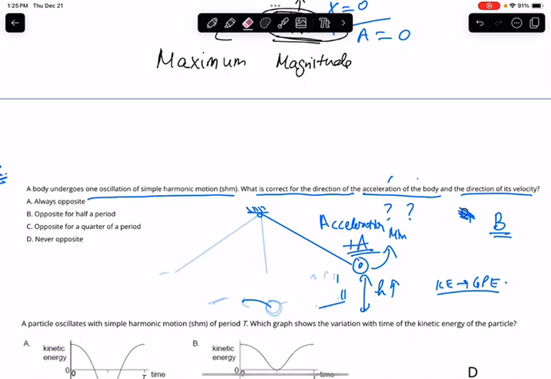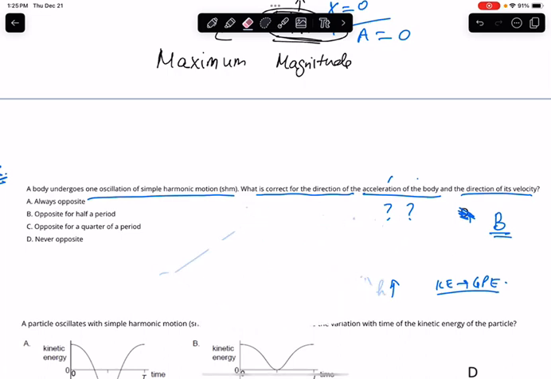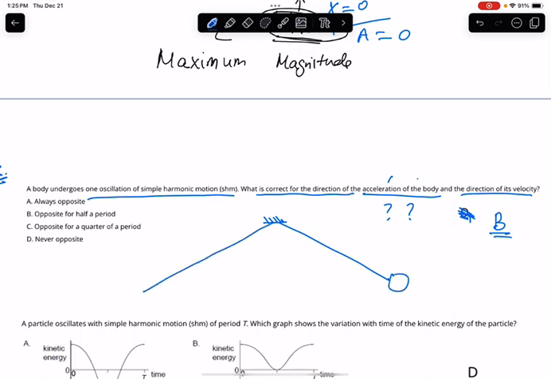Actually, I think a good way to think about it is if we draw it another way. Let's say we have a simple pendulum again, but in this case we draw it from these extreme positions.